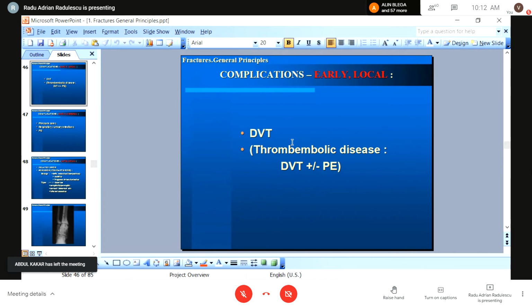So it's a rule in orthopedic surgery that all the patients that will be immobilized in a cast after a fracture or will undergo surgery for a fracture, all of them, no exception, will receive thromboembolic prevention by administration of blood anticoagulants.